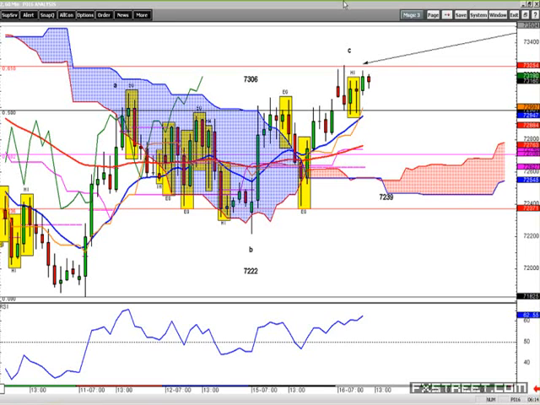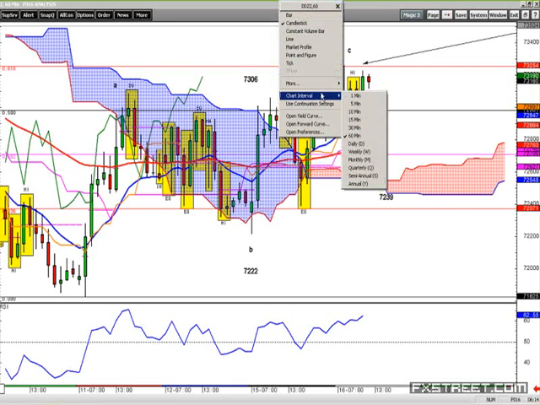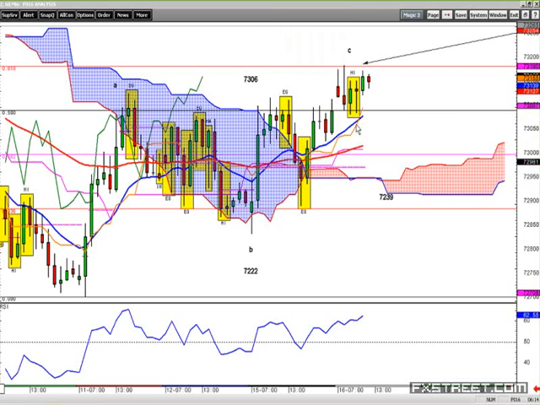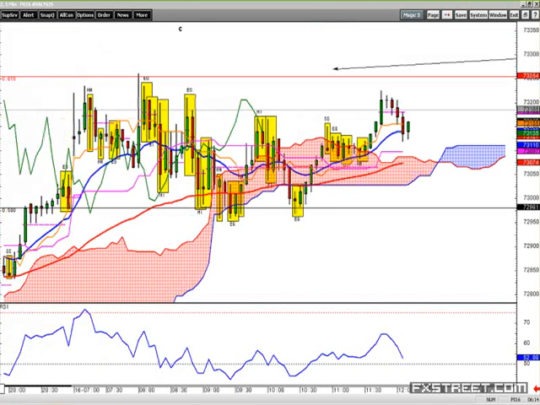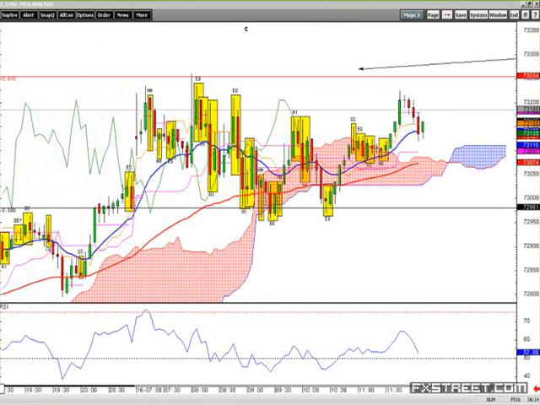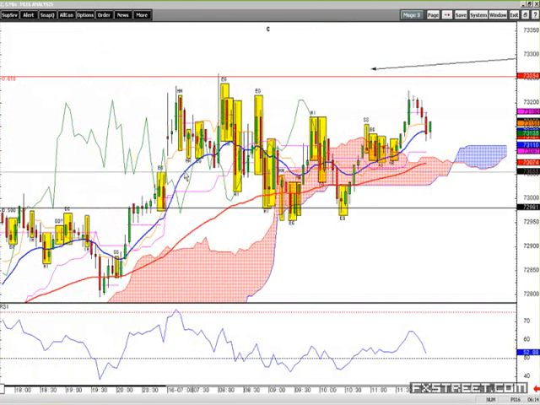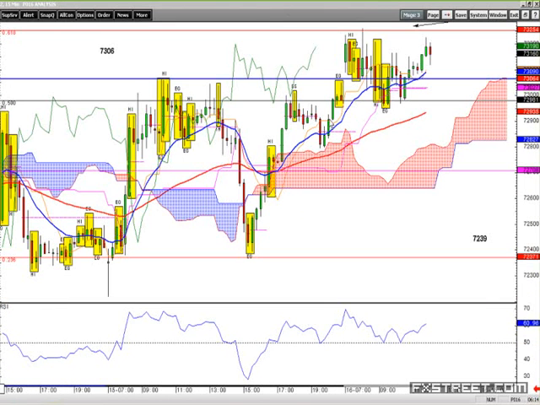And you can even go as far as breaking it down again and really look at inside formations. I won't go all the way down to 5 minutes, not for a signal candle.